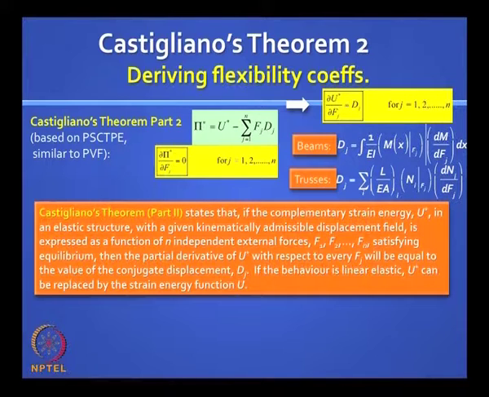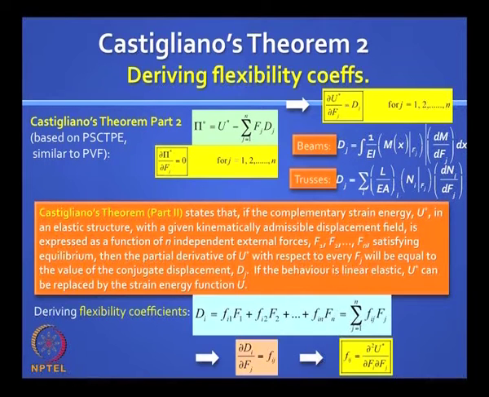If the behavior is linear elastic, u star can be replaced by the strain energy function u. Here again you can expand d in terms of flexibility coefficients, and like in the earlier case you can use energy methods to get an expression for flexibility coefficient. Fij is the mixed partial derivative of u star with respect to Fi and Fj. So the similarity is now complete with stiffness coefficient.